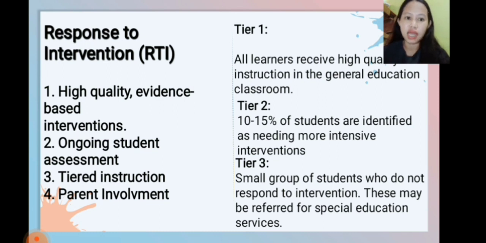The IEP is revised annually, and if the learner is not improving, meaning something is wrong, we need to revise the IEP plan.